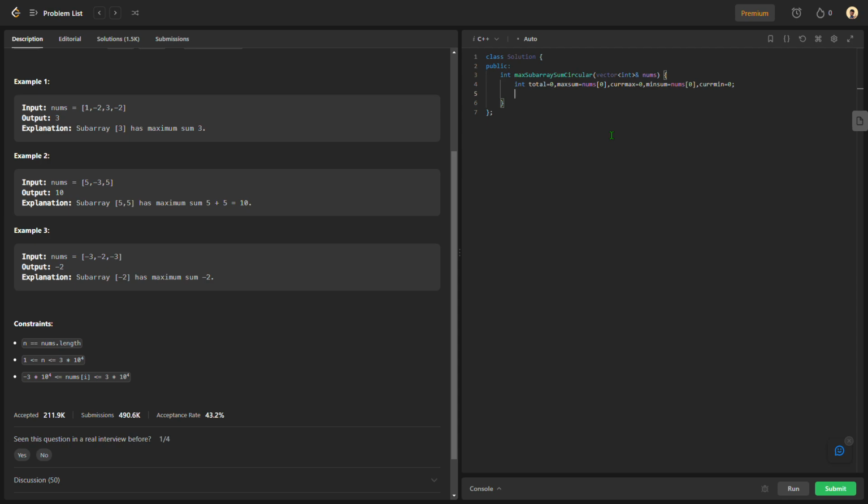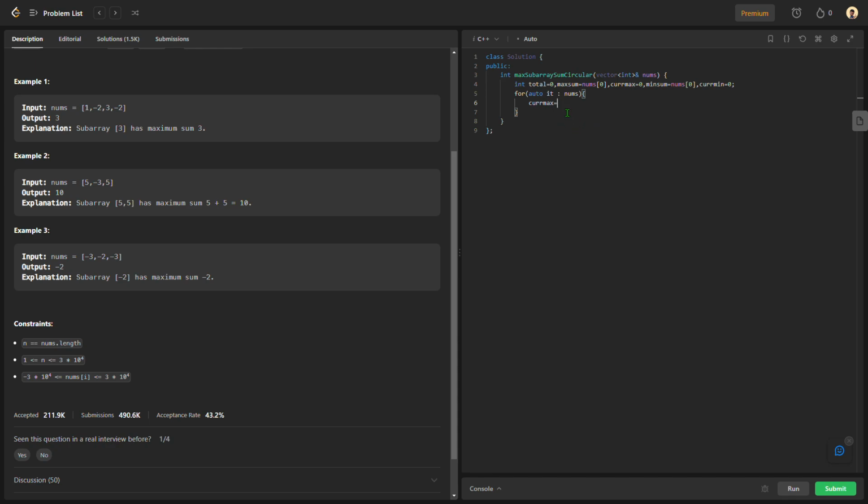So hear me out. I would be iterating over each and every element in my array, for it in nums. I say current max stores the maximum sum till now, from the starting point you have decided.